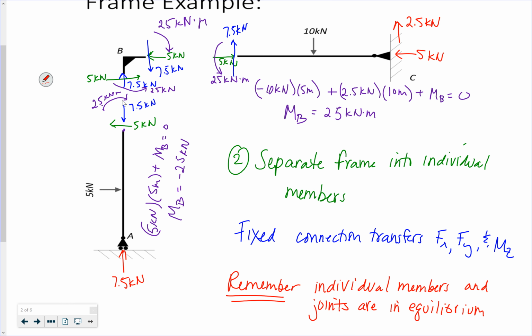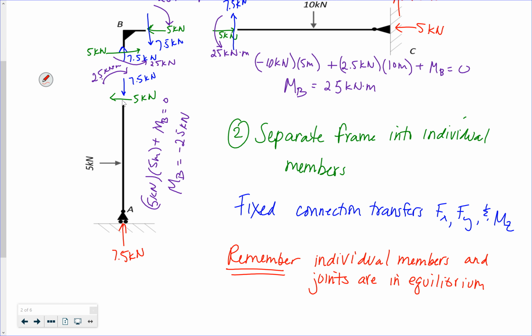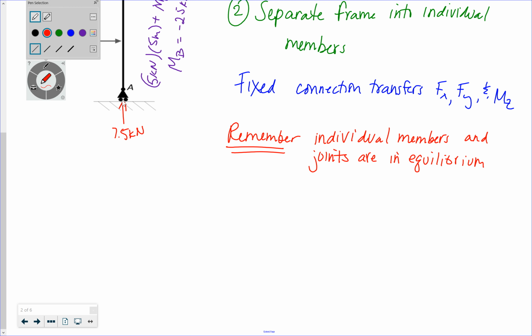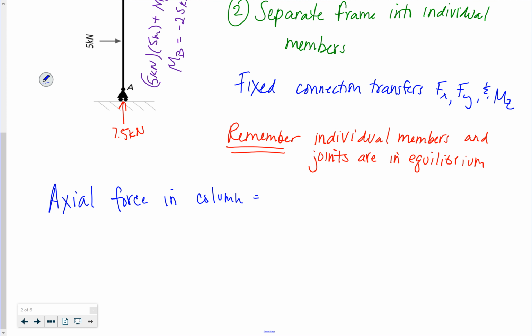And you might also notice here, axial force in your column is equal to shear force in your beam.